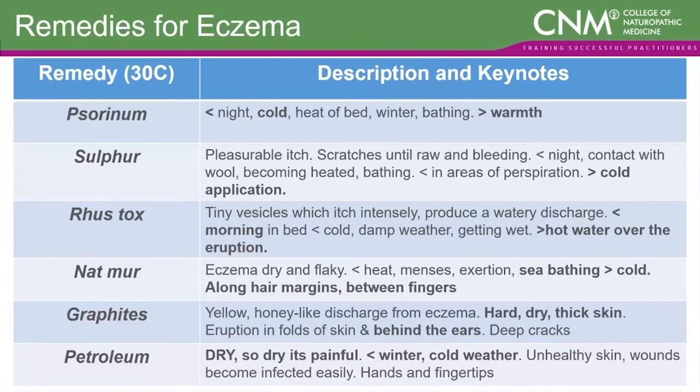All right, and then the last one is petroleum. And I put petroleum in here because if we think of how we manage eczema, particularly from an allopathic stance, it is very often using emollients like oleatum, some people use Vaseline, things like aqueous cream.